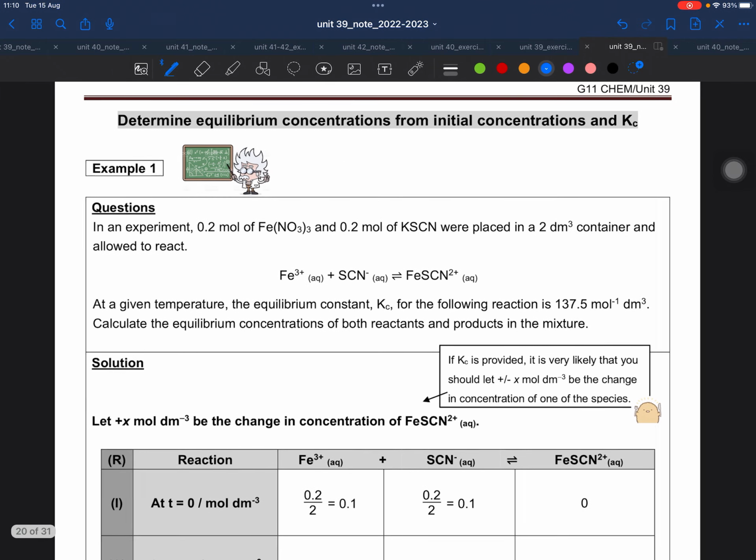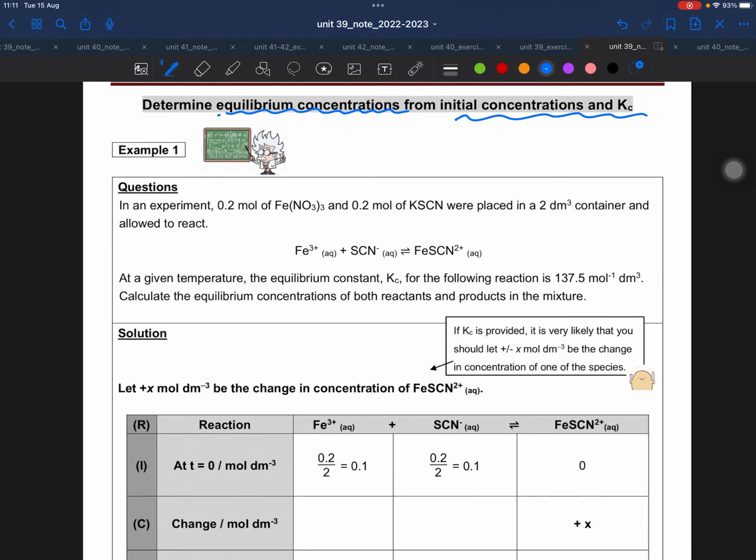The next one is, determine the equilibrium concentration from initial concentration and value of Kc. This one is more of a daily life based question, because as I mentioned, for most equations you come across, the scientists have already done the work and got the value of Kc, so you can Google and find it in no time.